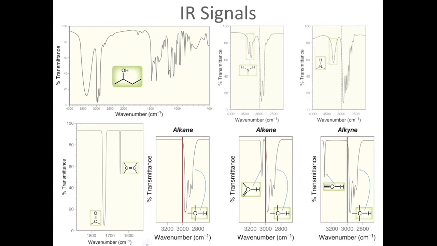Now, how do we use the wave number, the signals, and the intensity to help us identify which functional groups are present? So for alcohols, they usually have a broad peak. So this peak is considered broad peak, and it appears at a region of between around 3,400 to around 3,600.